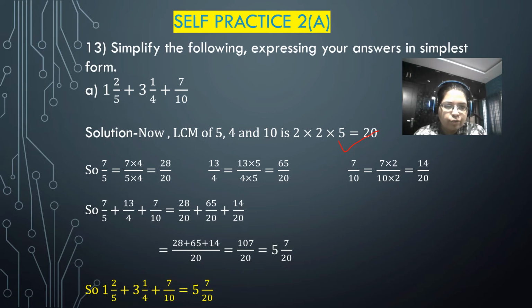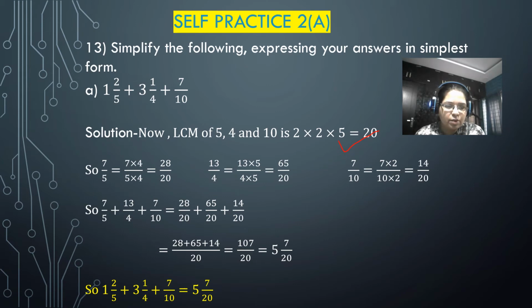Now we have to convert 7/5 into an equivalent fraction with the denominator 20. We know 5 multiplied by 4 is 20. So multiply the number 4 with the numerator and denominator both.